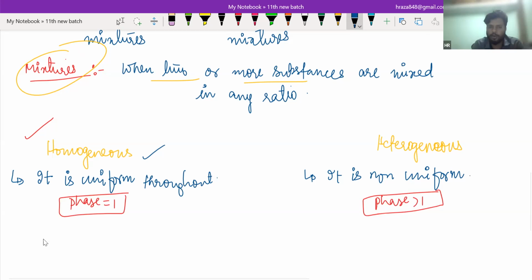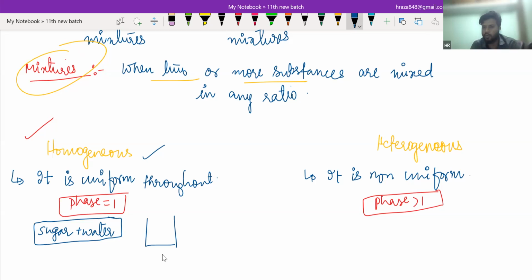If you add sugar in water and you stir it for a while, what will you see in the glass? You cannot differentiate where is sugar and where is water.